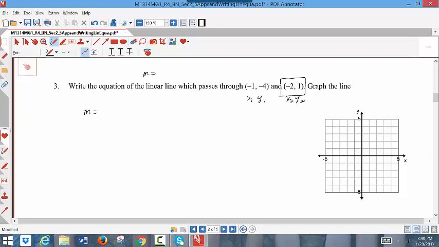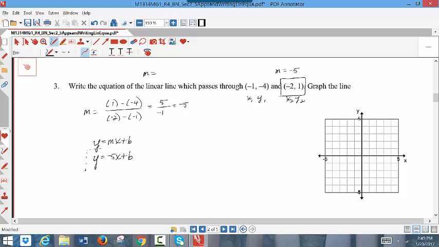So my slope will be y sub 2 minus y sub 1 over x sub 2 minus x sub 1. So this becomes 1 plus 4 over negative 2 plus 1. So my slope is negative 5. So now I have my slope is negative 5 and I have a point. So now I'm ready to write my equation. So if I use y equaling mx plus b to write my equation, I start by substituting the negative 5 in place of my m.